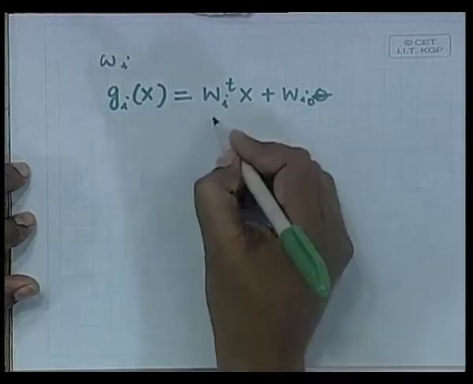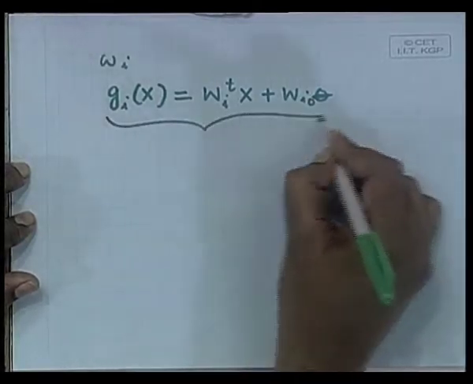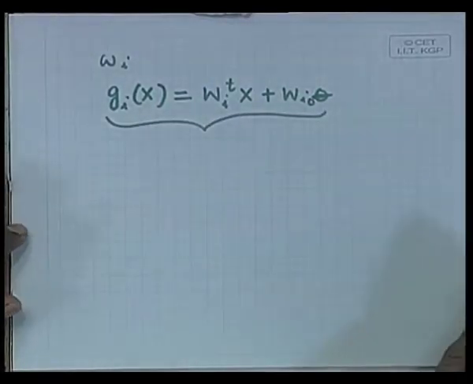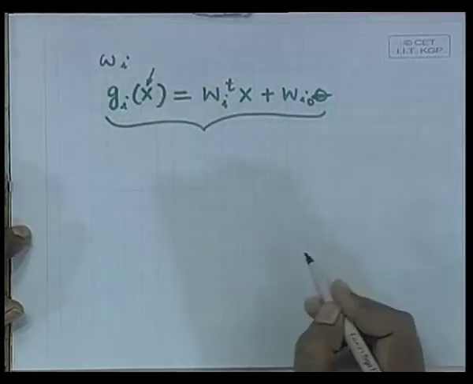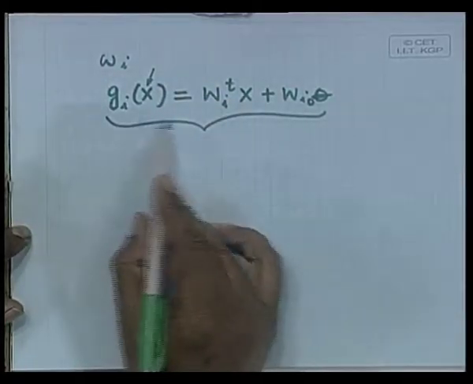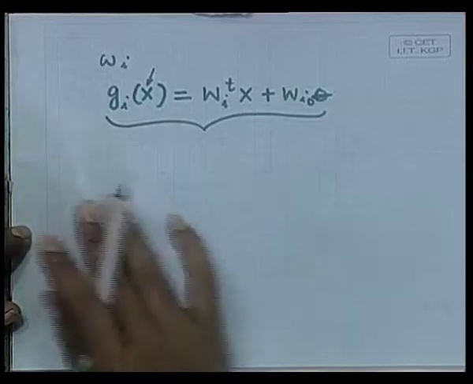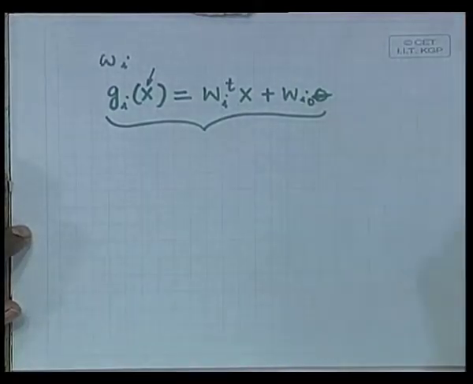This is the linear discriminant function for every class i. For any given unknown sample x, I have to compute this discriminant function for all values of i varying from 1 to c, if c is the number of classes. Then whichever g i of x is maximum, we classify x to that particular class.